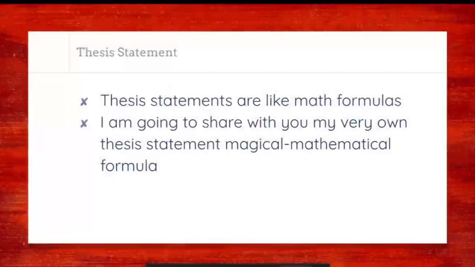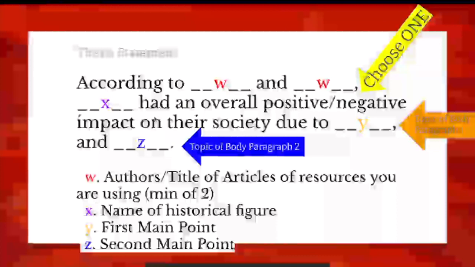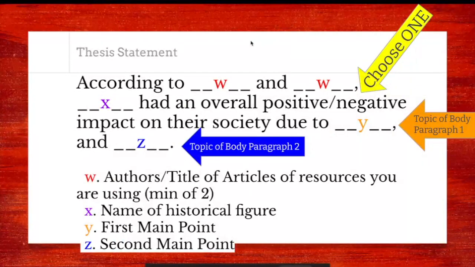I think a thesis statement is like a math formula. So I am going to share with you my very own thesis statement magical mathematical formula. It looks really daunting at first, but trust me, it's not. I will walk you through this step by step. Before I explain what all the little letters mean, let me just read this out to you first.